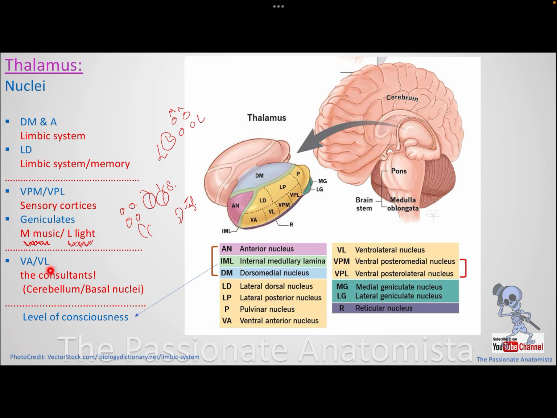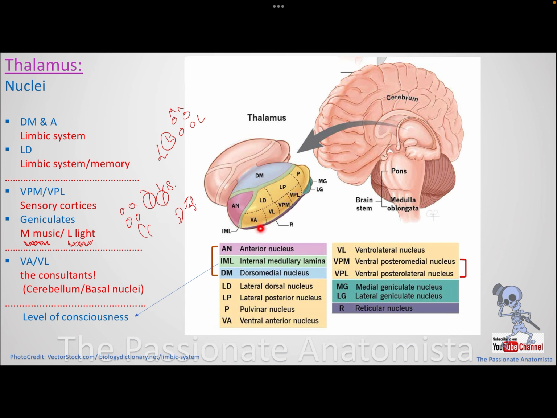The VA and VL, the consultants, the ventral anterior and ventral lateral nuclei of thalamus, are our consultants. Who do we consult before we form the motor function? Remember, guys, the basal ganglia and cerebellum. These are the people we need to send information about the planning of the movement, and they will control our movement.